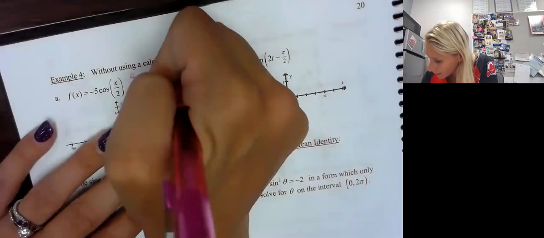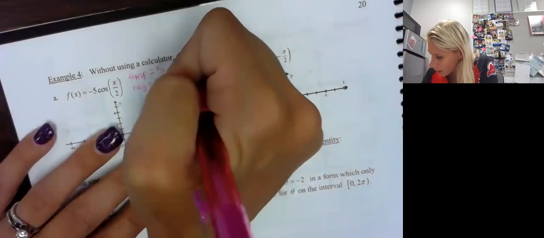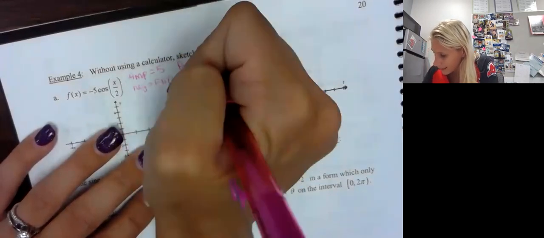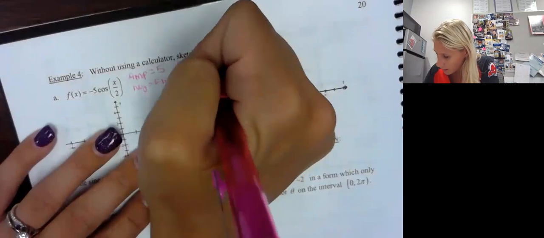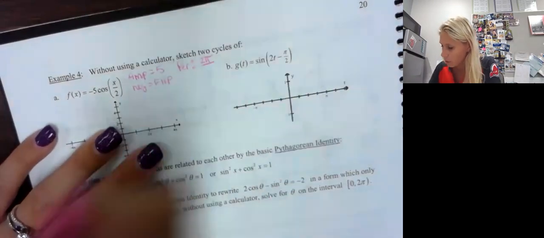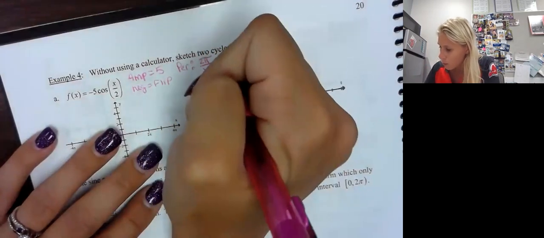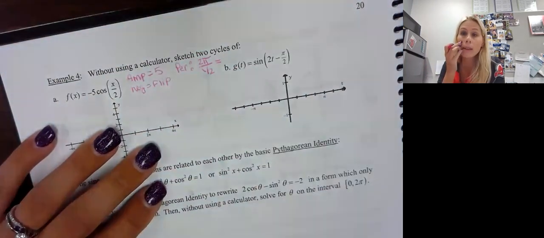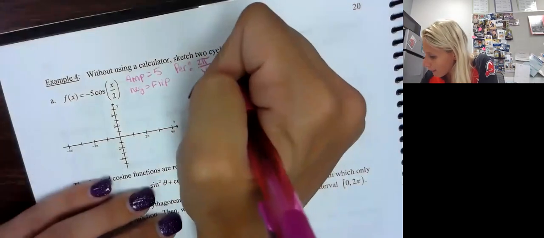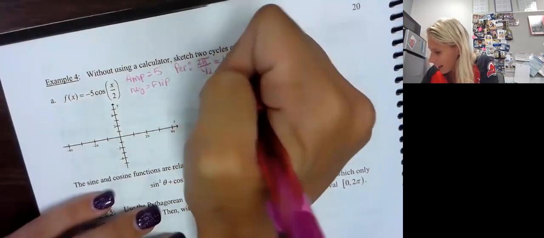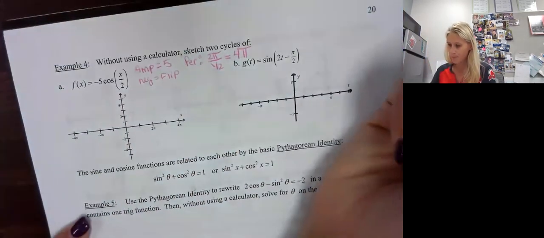That's our period. We're doing cosine, so it's 2 pi over the absolute value of b, which in this case is 1/2. When I divide by 1/2, it's the same as multiplying by 2. So it repeats every 4 pi.